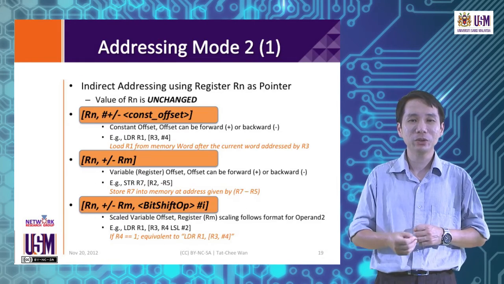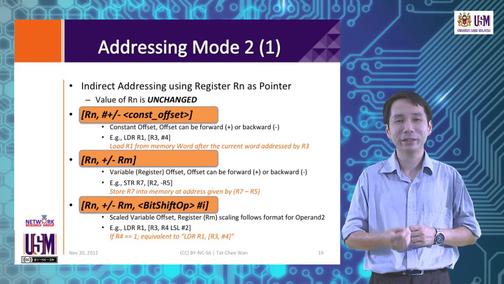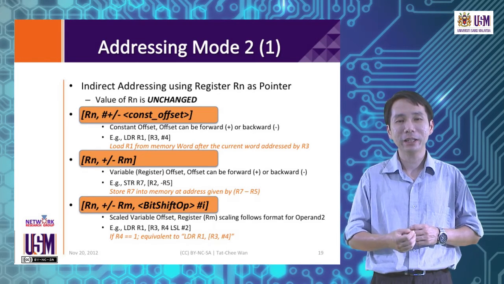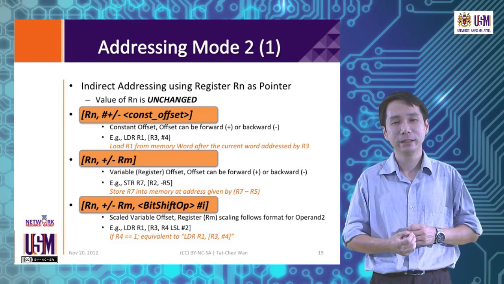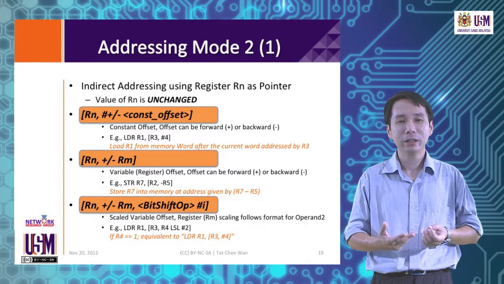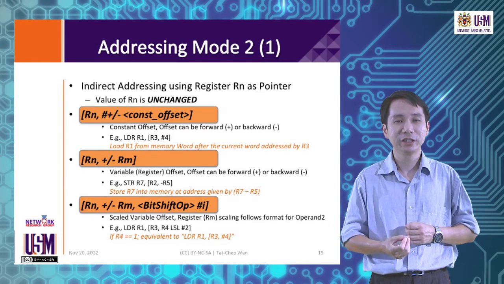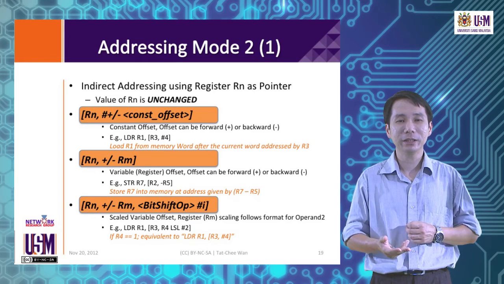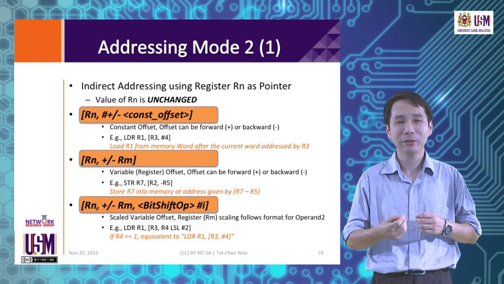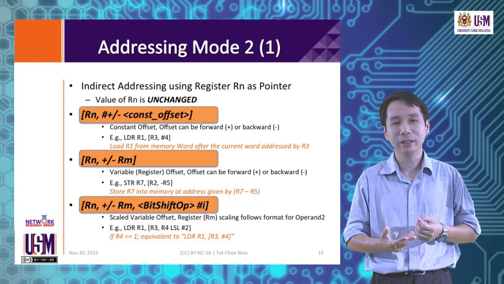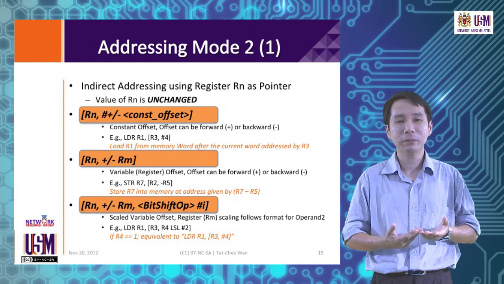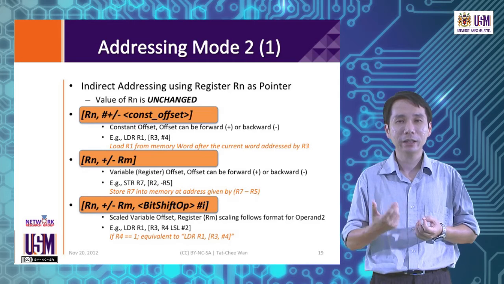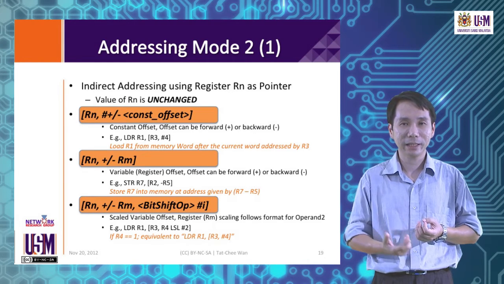Now, addressing mode 2 is for indirect addressing. In this case, we are using addressing mode 2 to specify register Rn as a pointer. When we use it this way, the value of Rn is unchanged. So we have three different formats for indirect addressing using Rn. The first version is square bracket Rn, comma, hash, and a constant value, whether it is positive or negative.